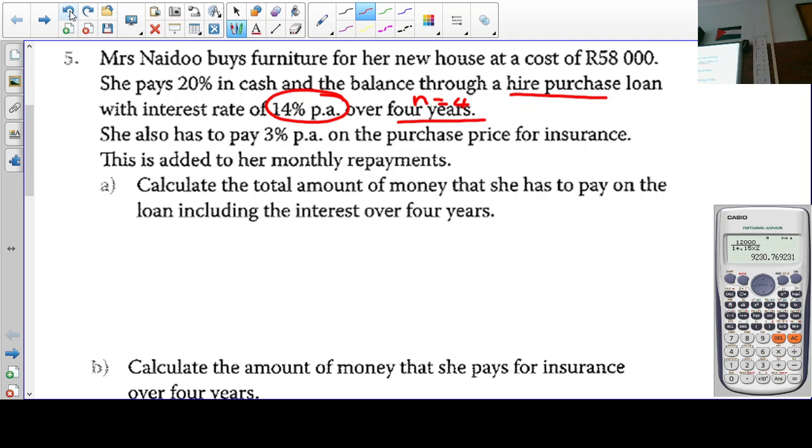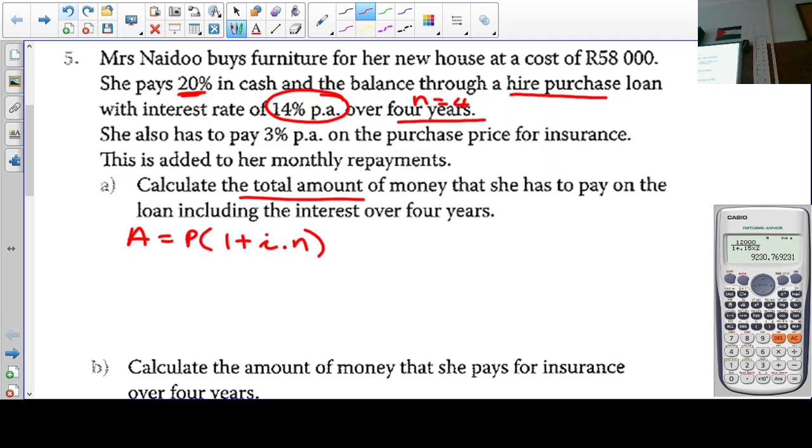A. Calculate the total amount of money that she has to pay on the loan, including the interest over 4 years. I'm going to calculate the total amount. A is equal to P into 1 plus I times N. But remember, she's paying 20% deposit.